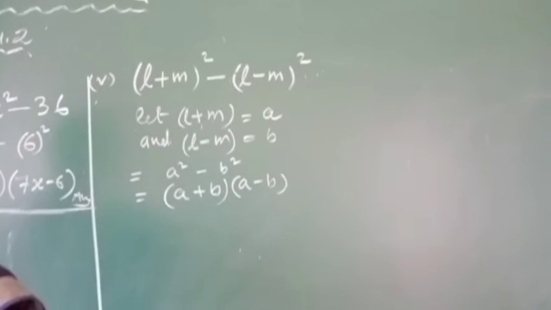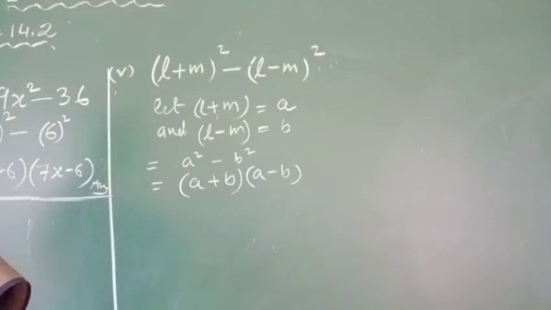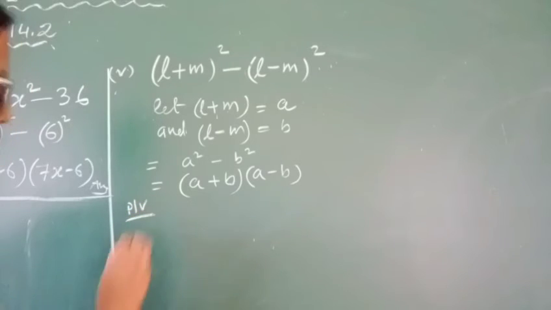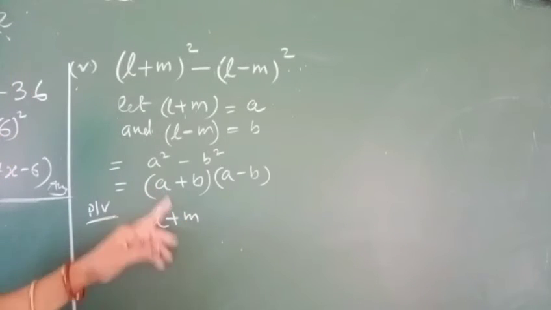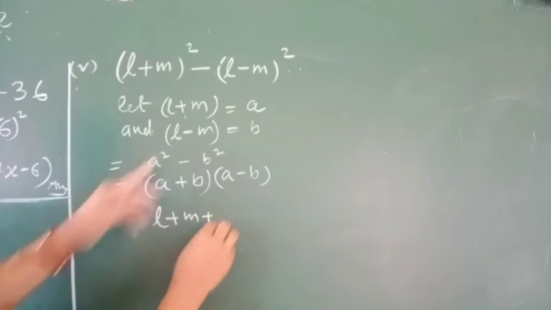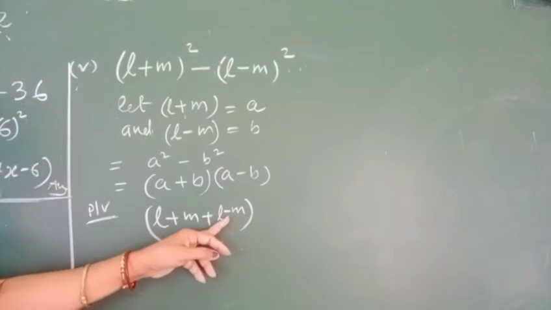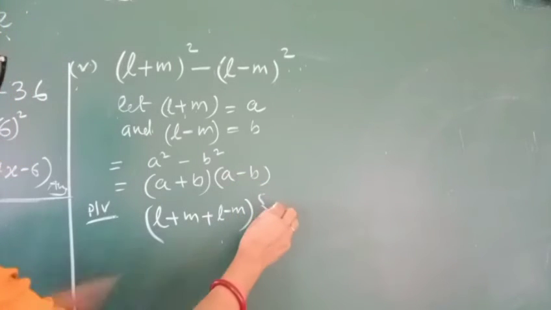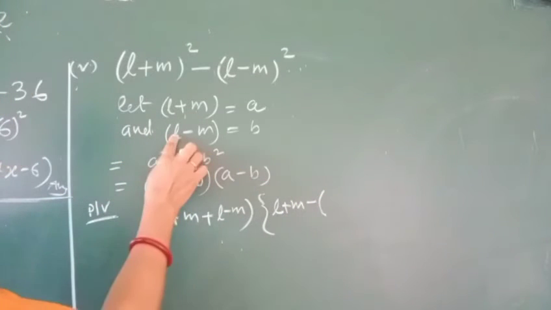In that case, now we will put the value of a and b. What are the values of a and b? You know, a is l plus m and b is l minus m. So (l plus m) plus (l minus m). Plus is outside, so now there is no need to change the sign. But here a minus b, a is again (l plus m), minus, now the value of b is (l minus m).